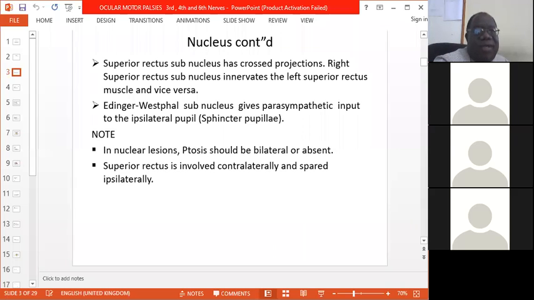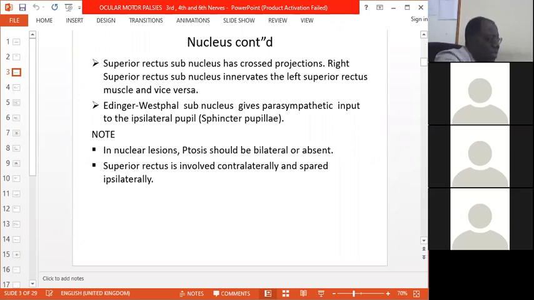In nuclear lesions, ptosis is bilateral or absent. I believe in a nuclear lesion, superior rectus is involved contralaterally and spared ipsilaterally. It can't be in nuclear lesions. Why should it be bilateral?